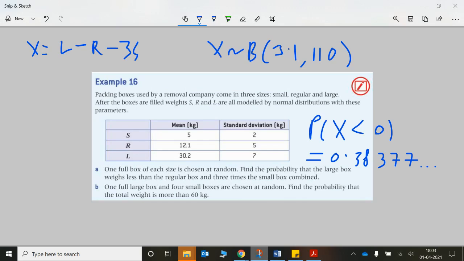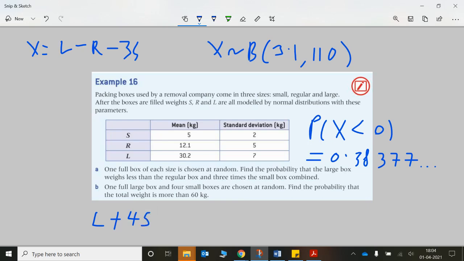So then for the second part, it's saying one large box and 4 small boxes are chosen at random. Find the probability that the total weight is more than 60 kilograms. So in this case, we can see that we're now doing one large box and 4 small boxes.